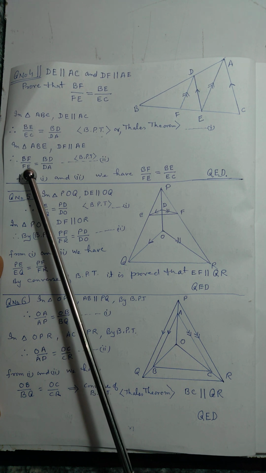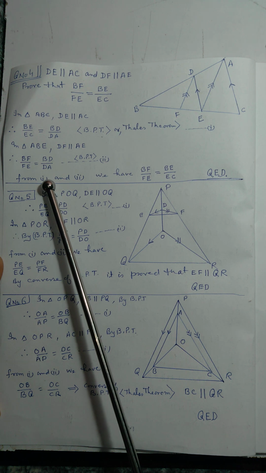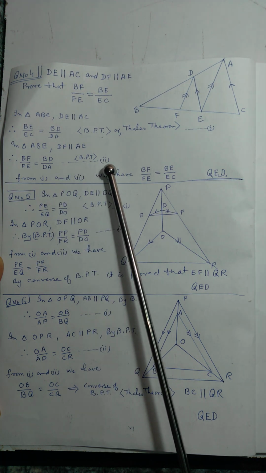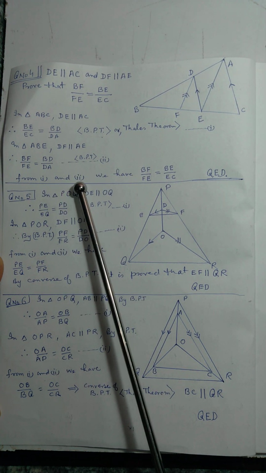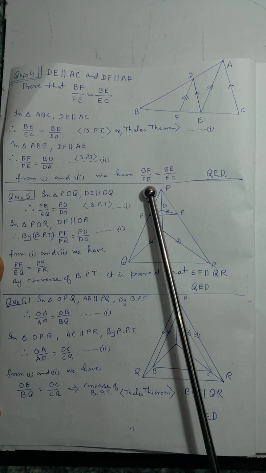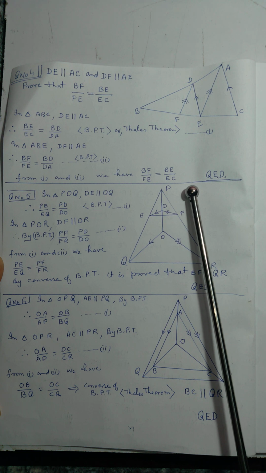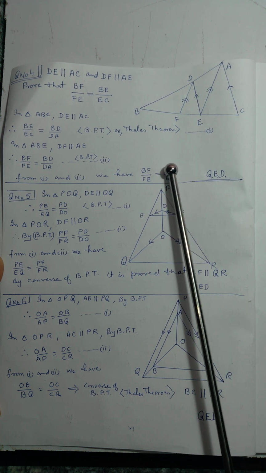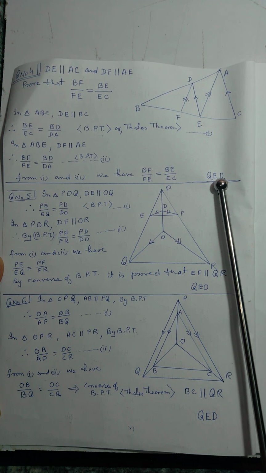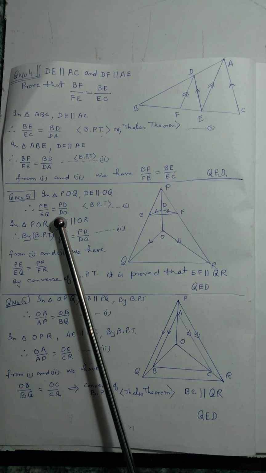Therefore, BF upon EF is equal to BD upon DA. That is basic proportionality theorem. This will be our second equation. From 1 and 2, we have BF upon EF is equal to BE upon EC. And this was to be proved. Hence, I have written here QED, quod erat demonstrandum, which was to be done. Now, question number 5.